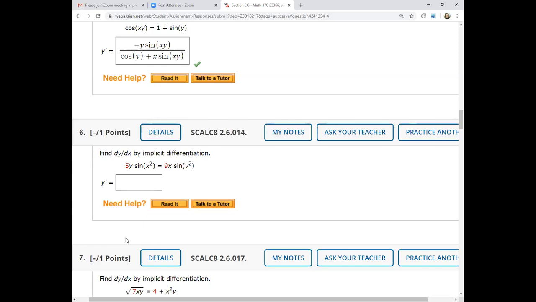The second function is the sine of y squared. Okay.